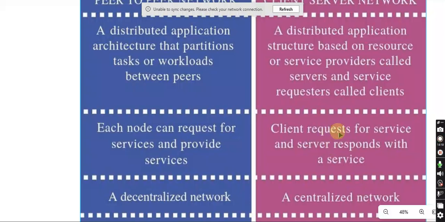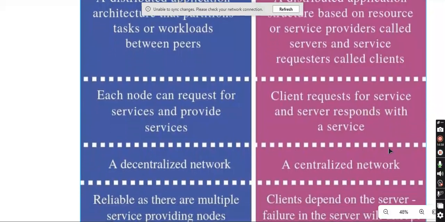So the client requests the server for the service and the server responds with the service. Like I am a client, I request sending a message through WhatsApp to my friend in Alaska, and the server responds to me by sending the message away.